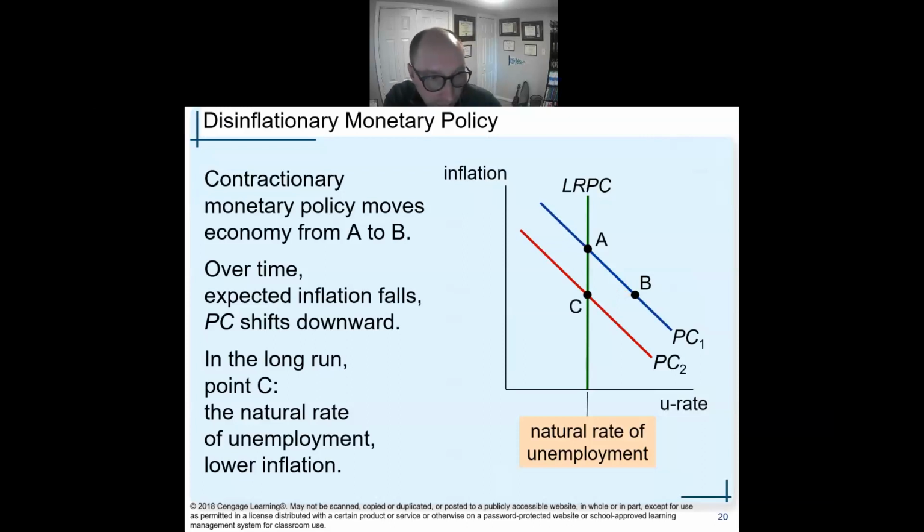As the Federal Reserve examines monetary policy, and to some degree other policies, we would expect shifts in the Phillips curve over time. Inflation falls and the Phillips curve shifts downward. In the long run, there will be a return to the natural rate of unemployment with lower inflation.